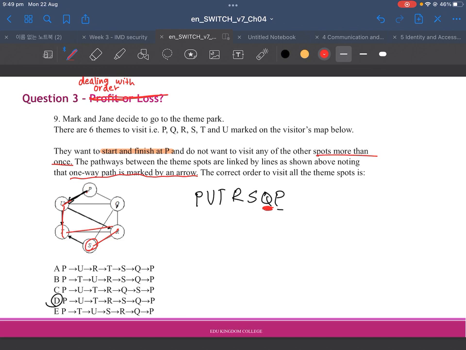The first clue was this Q. If we start from P and end with P, then we have to go to Q, because there is no other route.